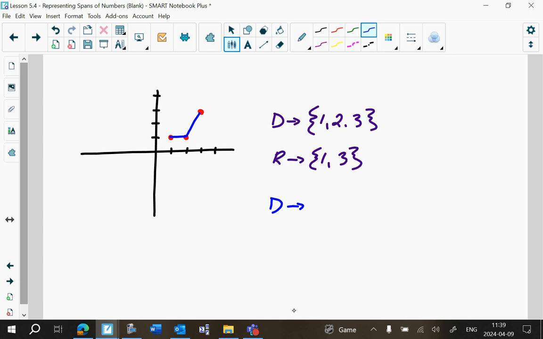What's the next number after 1? I didn't say whole number or counting number. What's the next number after 1? 1.1? I disagree. 1.01. No, I disagree again. 1.001. No, I disagree again. 1.0001.